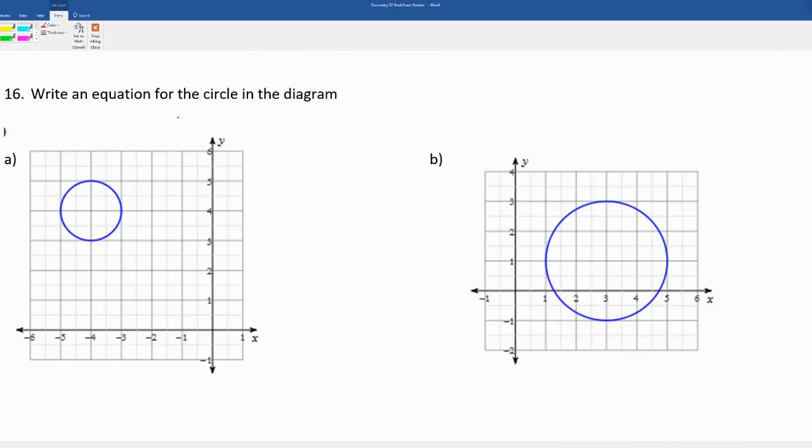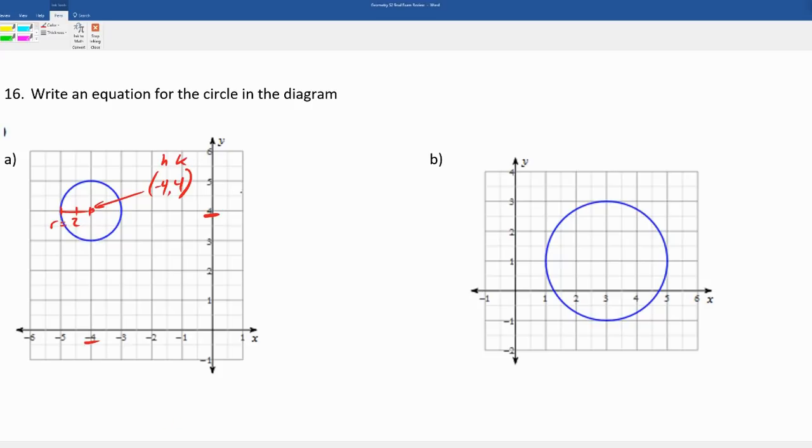Write an equation for the circle of the diagram. First things first, find your center. Okay, your center here looks to be at -4, comma 4. Our radius looks like it's 1, 2, 2 units here.